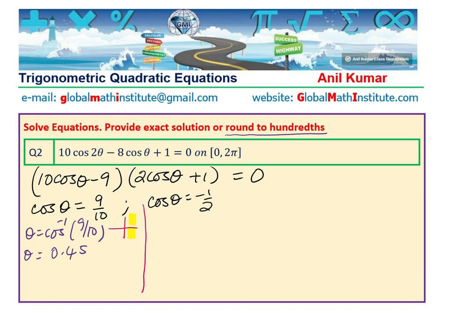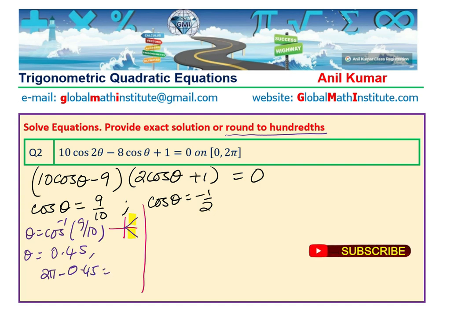Great. So this is one of the solutions. The other one will be in quadrant 2. So that is one angle. The other one will be, taking 0.4145, we have to take away from 2 pi, right? So 2 pi minus 0.45.